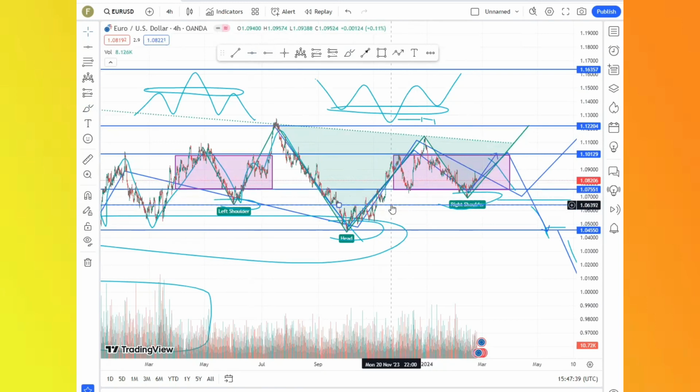Let me see. Okay, so it's not exactly the same or other level, but that's because of the market behavior, guys. The market won't actually want to show you the full view of the pattern which you are looking for.